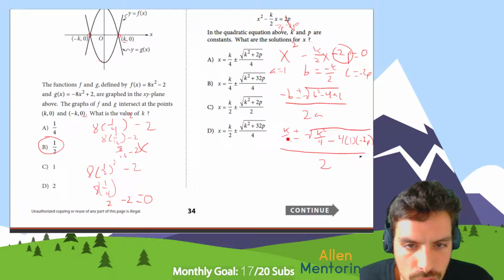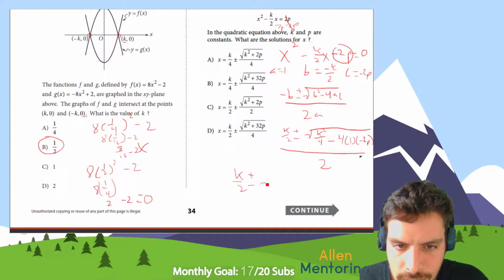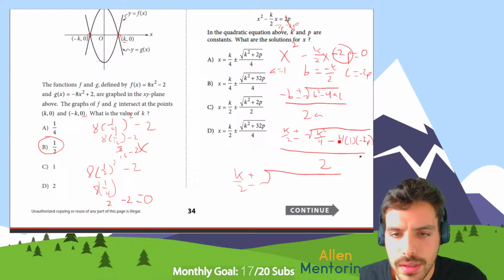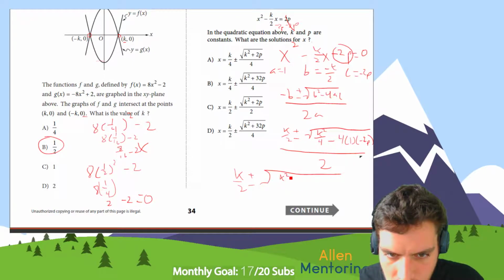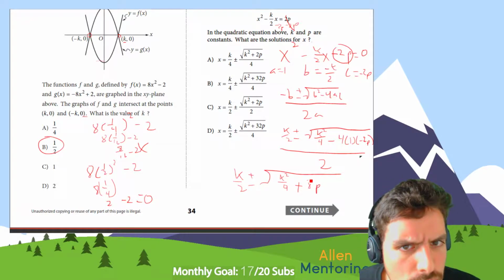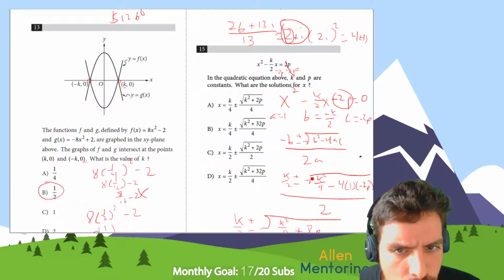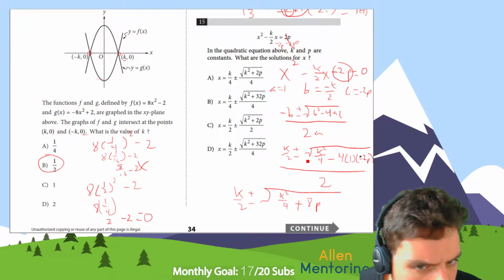So, let's do this. K over 2 plus or minus the square root of 4 times negative 2p. So it's going to be k squared over 4 minus, plus 8p. Right? Are we on the same page? Wait, minus 4ac. Okay.